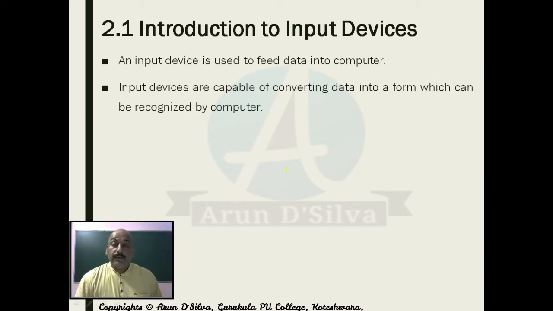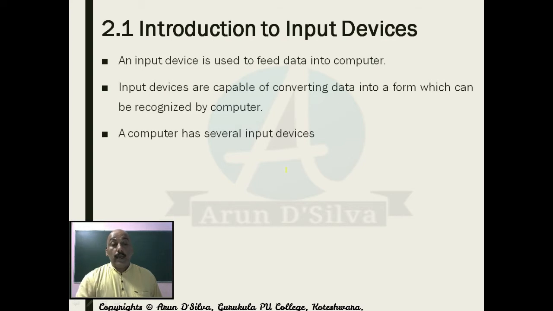Whereas the computer will understand only machine language, the machine code. So that is the work these input devices do: as soon as you input the data, that data is converted to machine code, and this machine code will be understood by the computer. Your input devices have this capacity.